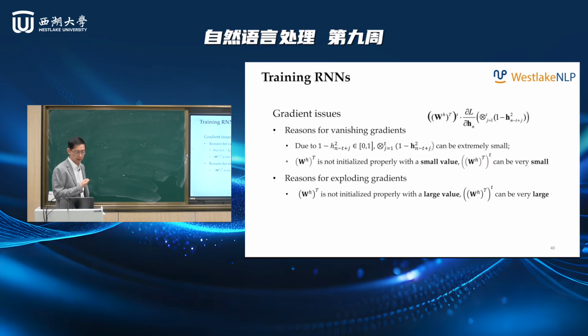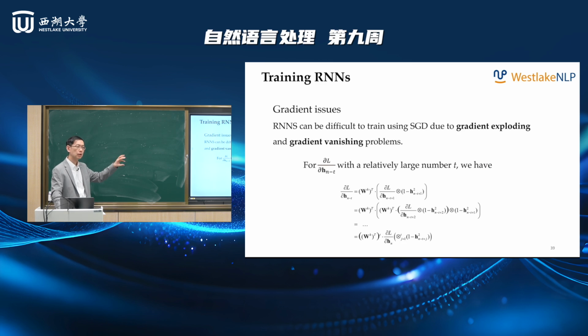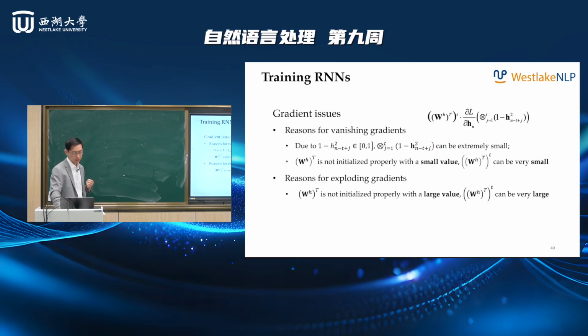And if you accumulate that matrix to the power of t, this whole thing can tend to 0. Every element in this will tend to 0, which means your gradient will be smaller and smaller when you backpropagate from the last word to the first word. All right? I'm assuming that you connect the last word to the output layer. Okay? So this is called gradient diminishing.